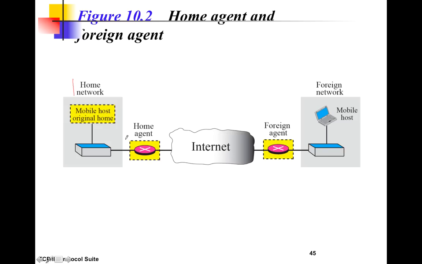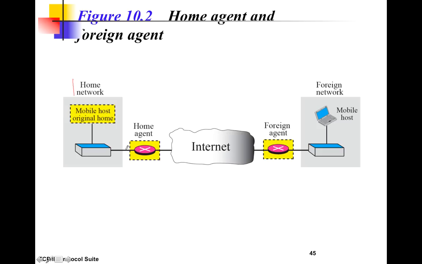So for example, if your friend comes to your home and wants to use your Wi-Fi, and if your friend's device is also using mobile IP, then for your friend's mobile, your home network will be a foreign network, right? For your friend's mobile, your home's network is a foreign network for it.